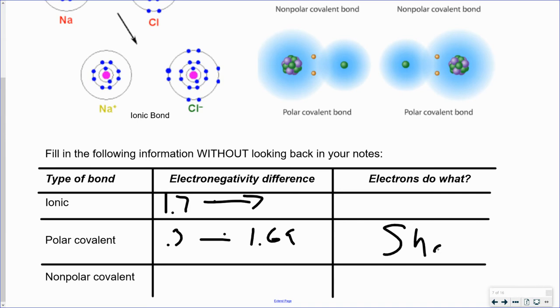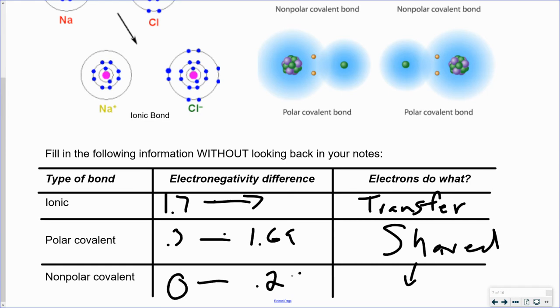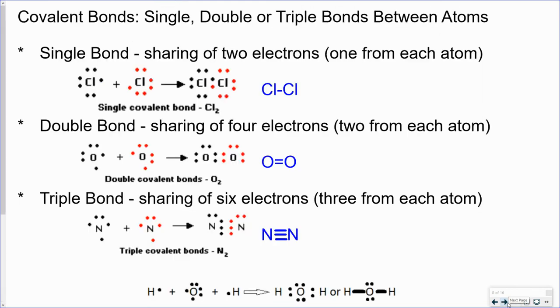These are shared. Same thing here. And this is a transfer. Nonpolar would be 0 to 0.29. Those are handy differences to know.